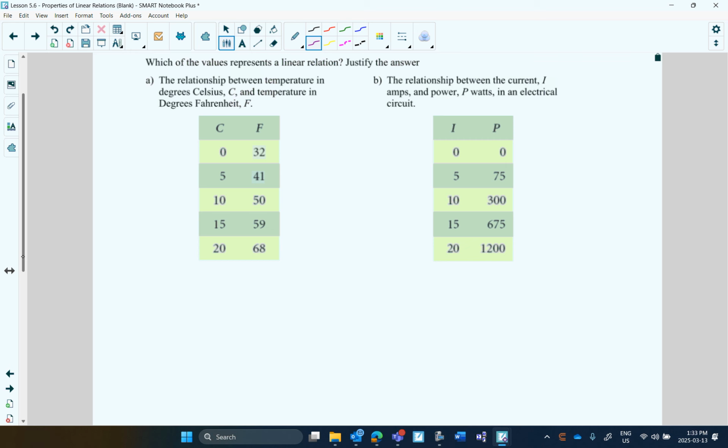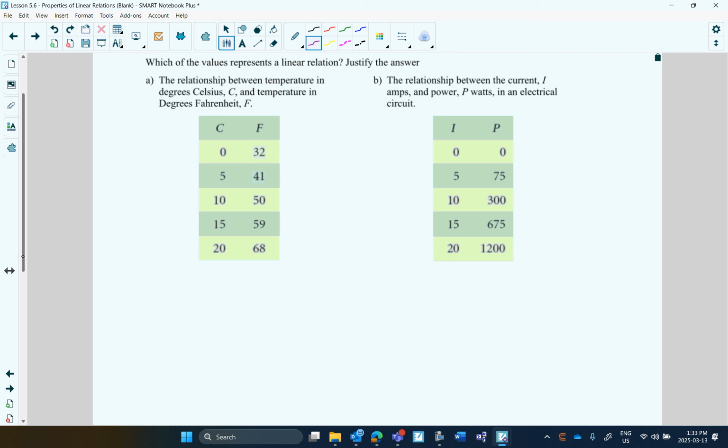This has a relationship between temperature measurements in Celsius and Fahrenheit. This has a relationship between amps and watts. Well, I suppose you could graph them and then see whether it forms a line, but I think it's easier just to look at the table.